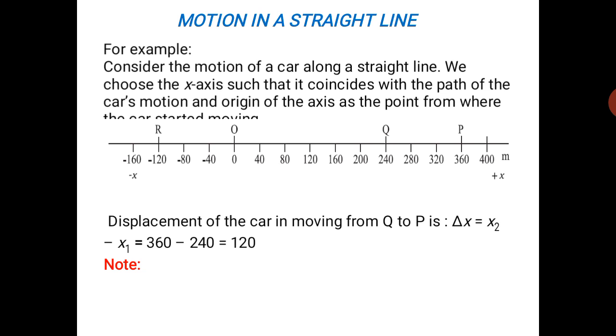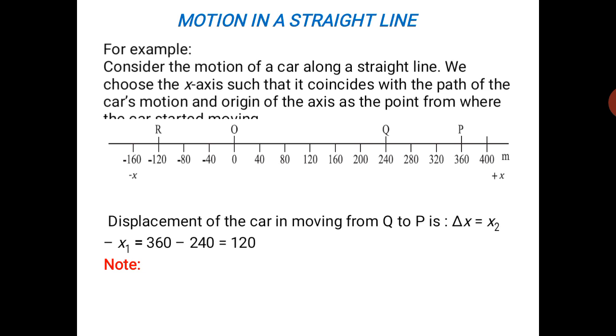That is the change in position. Change in position means final position minus initial position. Final position is 360 and initial position was 240. So the difference we get is 120. So this one is the displacement.